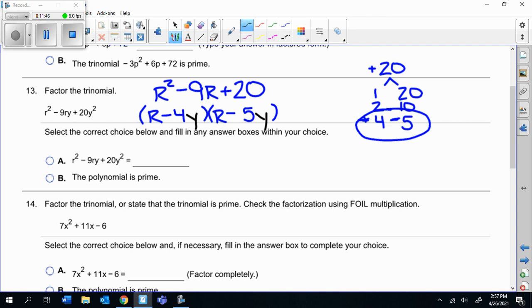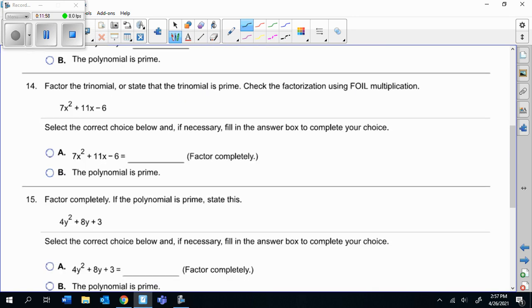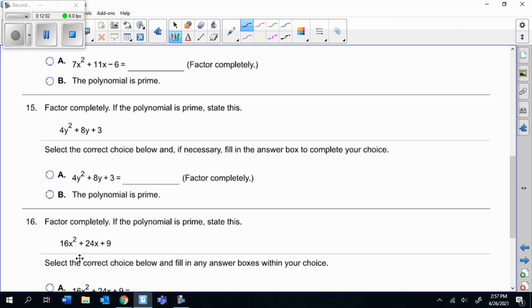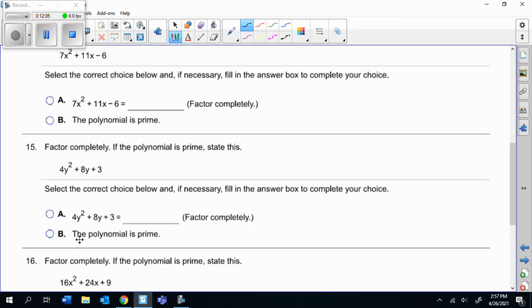And if you don't believe me, you can FOIL that out, and I promise you it works. It's just a way to make it look less confusing, and then just add it back at the end.